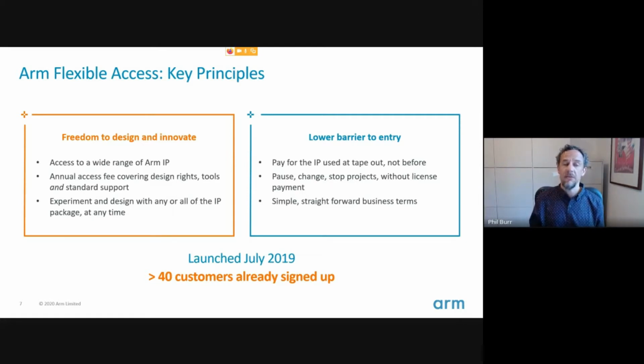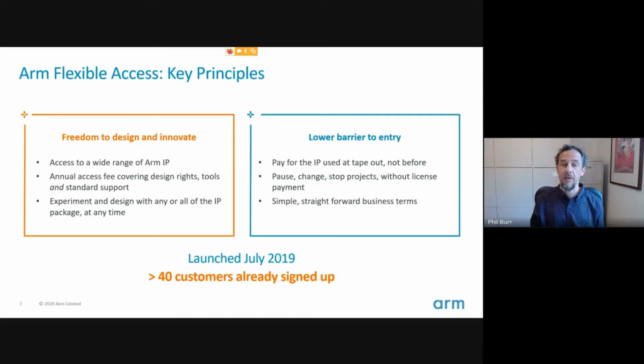What it does is really open up and make it easier to design and innovate in the silicon space. We provide access to a very wide range of ARM technology, and normally we would charge an access fee for that, but that is waived for startups.